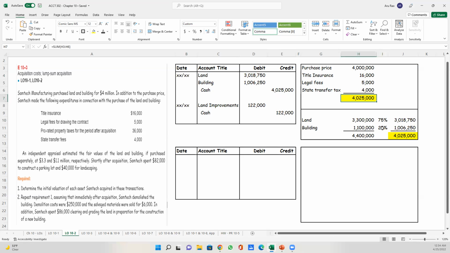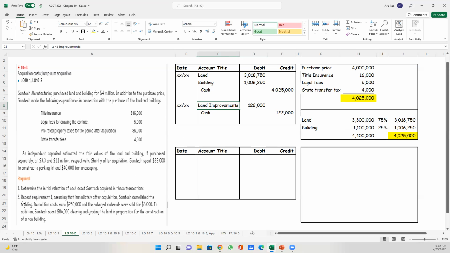So I go with the proportionate amount and then I allocate the actual cost over here. Land improvement is anything that I've done to enhance a land but has a finite life and it's not going to be there forever like land. So your parking lot and your landscaping, they have finite life, hopefully at least a few years that you can depreciate it over. Okay, that's part one of the problem.